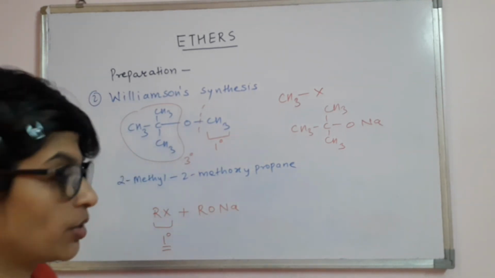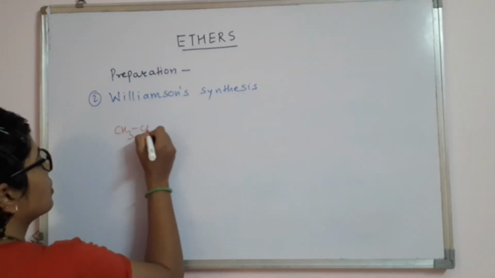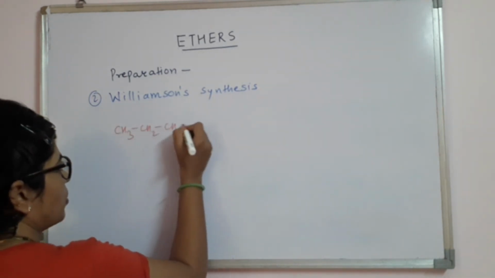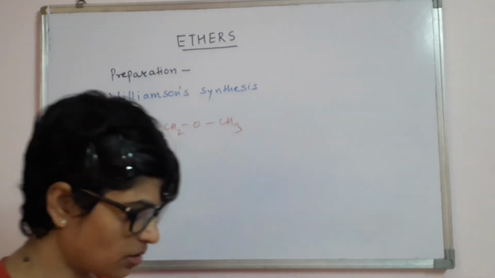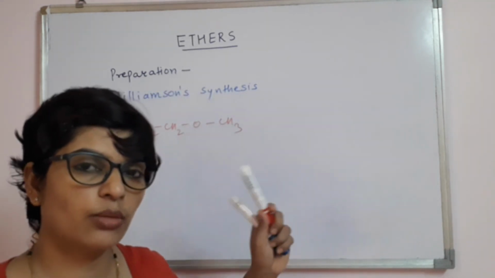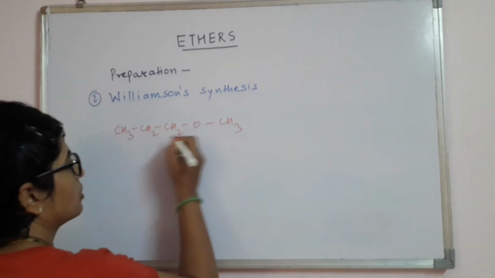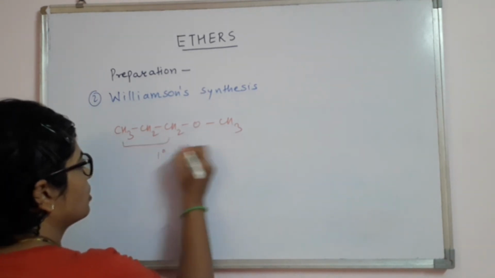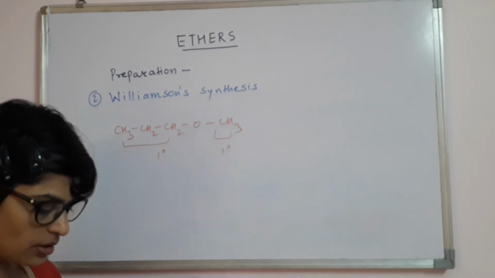Let's take the third example now. I am taking this compound. Again, prepare this compound if the question is asked in the exam. It is an unsymmetrical ether, so we are going to use Williamson's synthesis of ether, and the group is primary. This group is also primary. Both are primary.